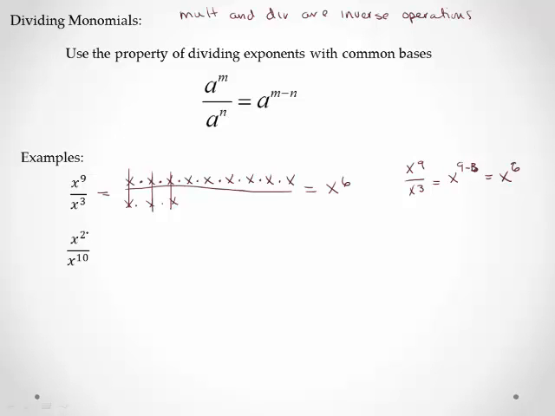When I have a higher exponent in the denominator, I still cancel. These two will cancel. That leaves me a 1 in the numerator, and I have 8 x's in the bottom.